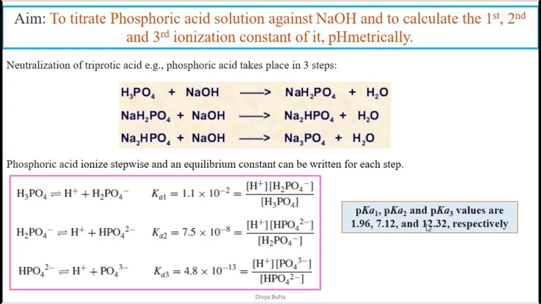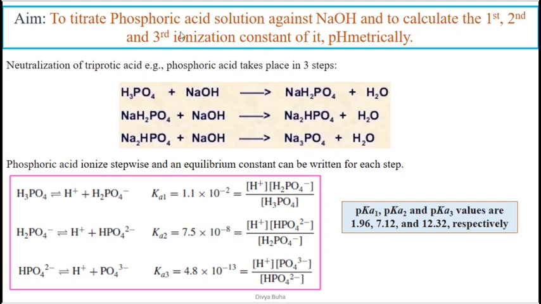I mean, it is more than 3 units, and due to this, the system, that is the phosphoric acid solution, would be considered a mixture of 3 different weak acids. These 3 different weak acids would be titrated against NaOH one by one, and you will be getting the 3 equivalence points.